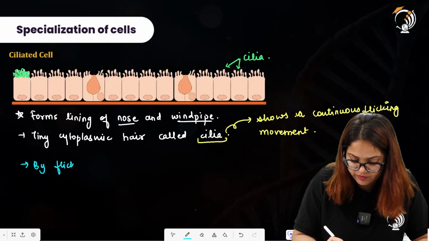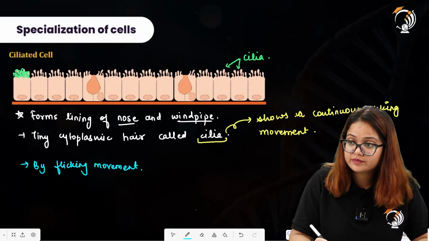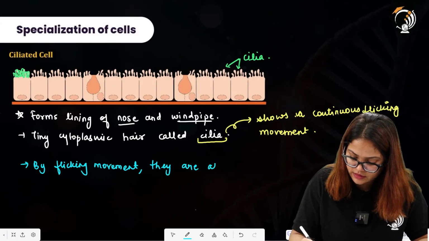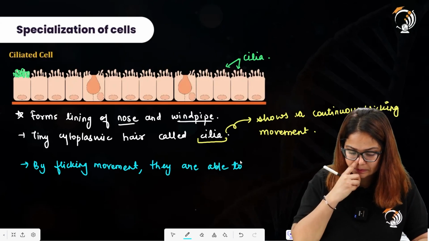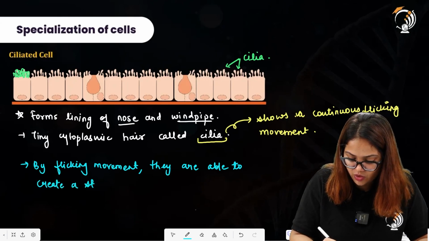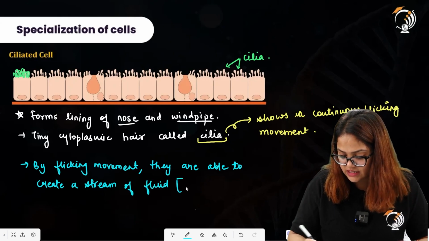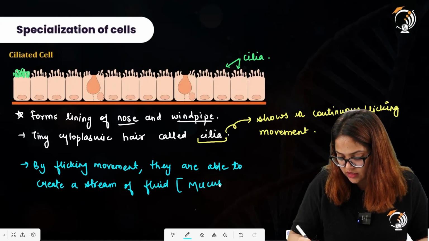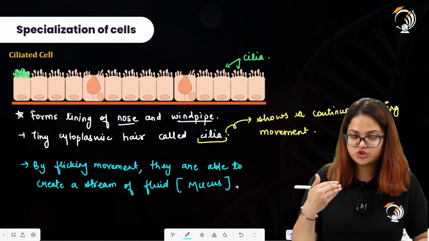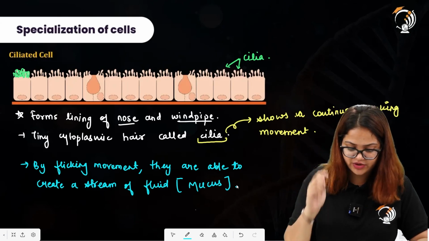By flicking movement, they are able to create a stream of fluid, that is basically mucus when we talk about the trachea and windpipe. It enables this mucus to be moved out from the lungs through the bronchi and the trachea.